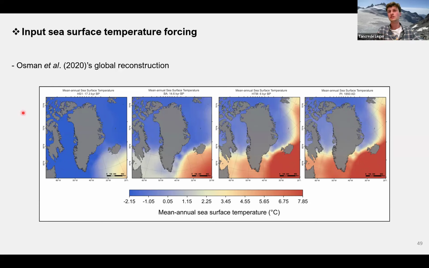And so we use salinity data for this from iTrace and iCESM, and then we use sea surface temperature data from this Osman et al. reconstruction, and that allows us to compute the thermodynamics and get a subshelf melt, basically. The Osman reconstruction is still from iTrace and iCESM. However, they use a clever data assimilation technique to incorporate reconstruction from proxy data from sea surface temperature records around the world, allowing you to correct for biases in the original model data.